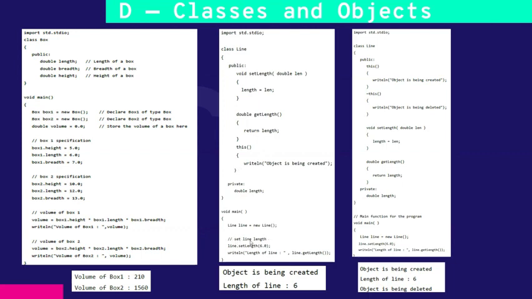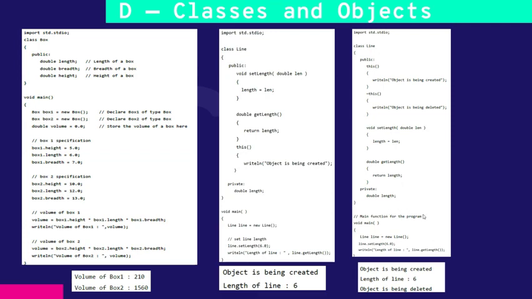So first, the output will be as here, it is calling. This will execute and it will print Object is being created, and then the second line comes from here, the right line. As we are creating a constructor, similarly, we have to create a destructor.